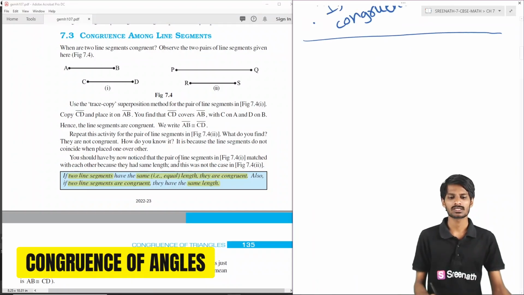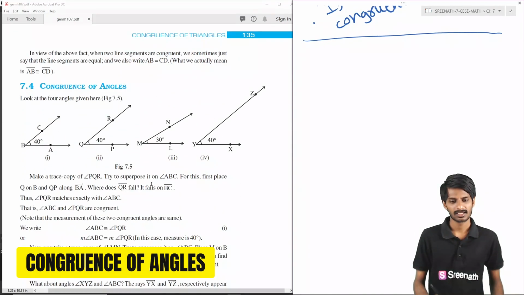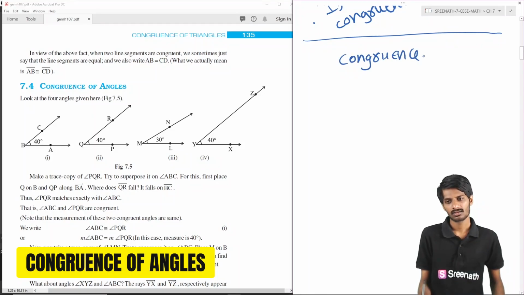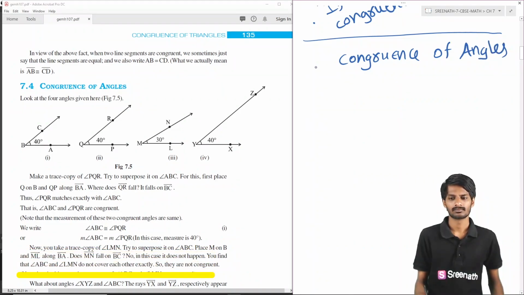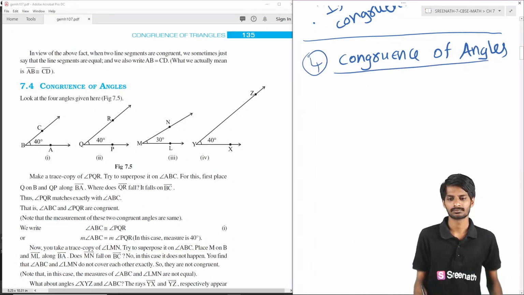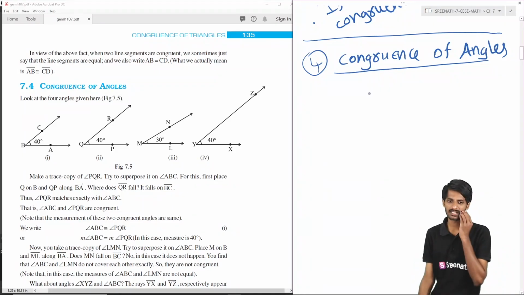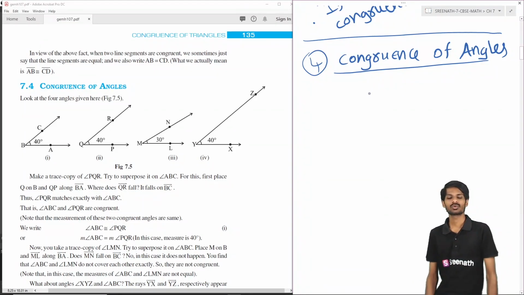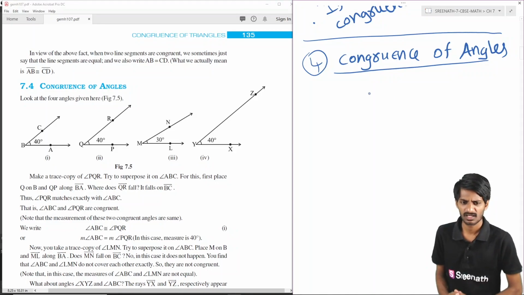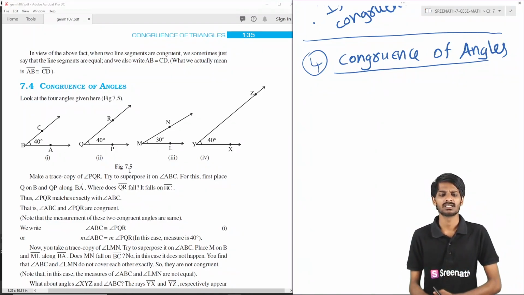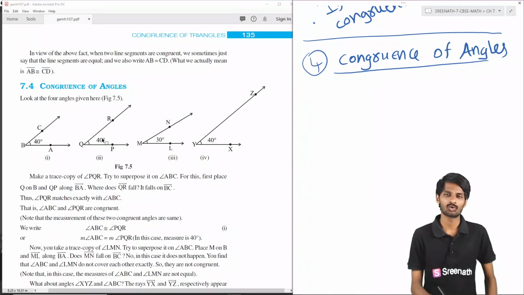So we will come to the next concept, students, that is congruence of angles. In the figure, students, there are 4 angles. First, take the trace copy of PQR and place it on ABC.